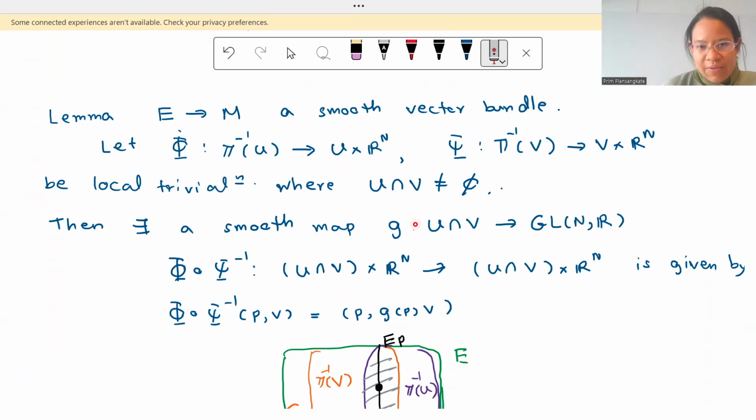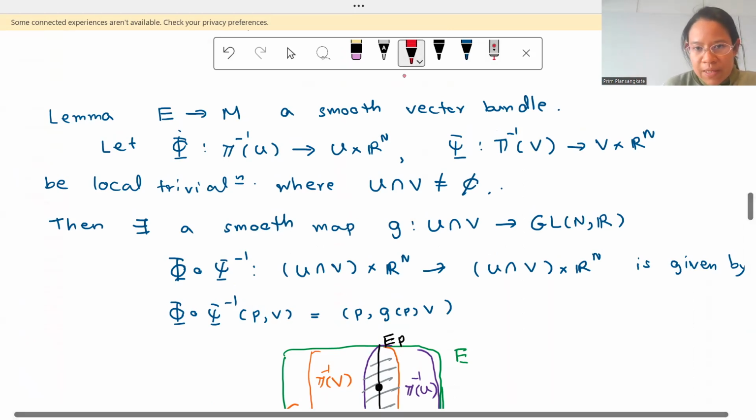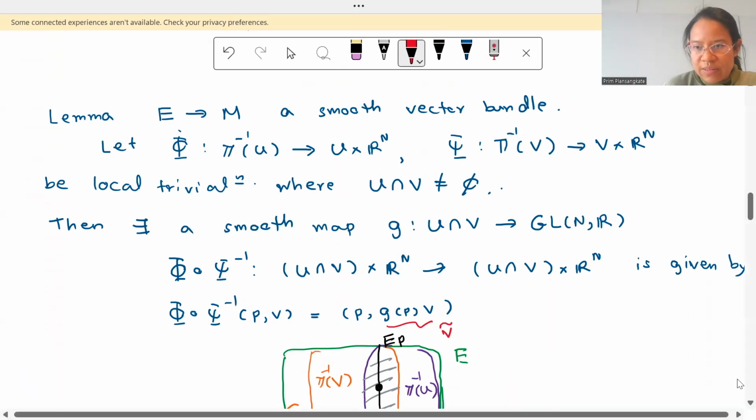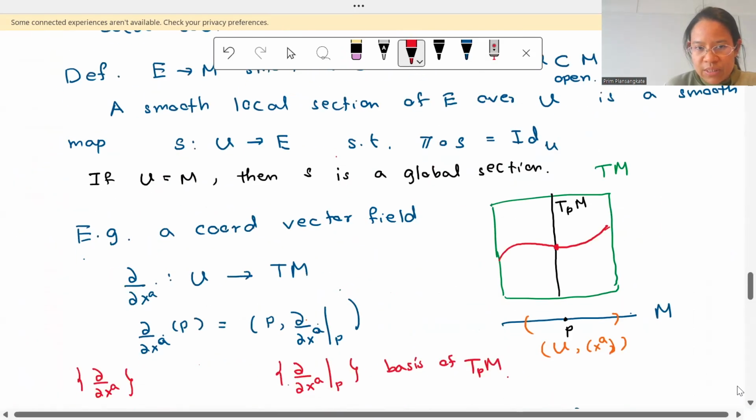Because this is a component of the same element, but in another trivialization with V tilde. Yes, so let me just conclude it here.